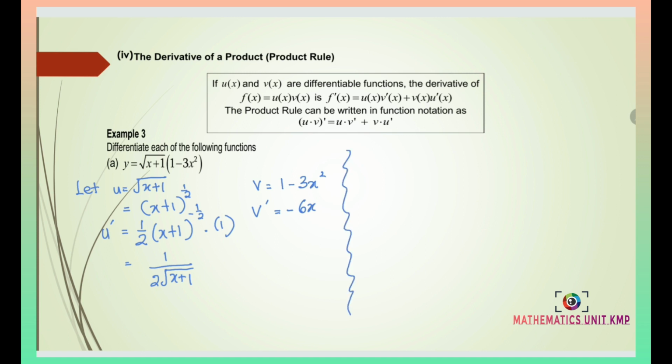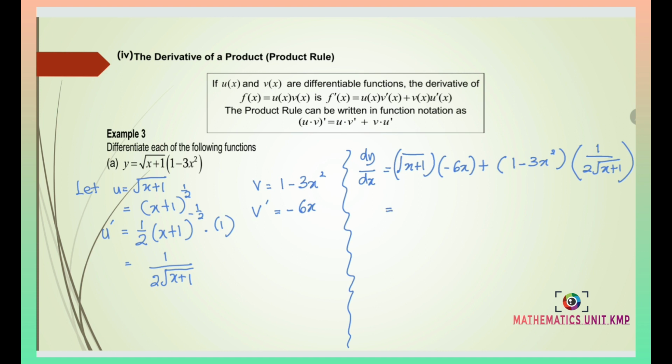After that, we substitute into the product rule. We have dy/dx equal square root of x plus 1 times negative 6x plus (1 minus 3x) squared times 1 over 2 square root of x plus 1.